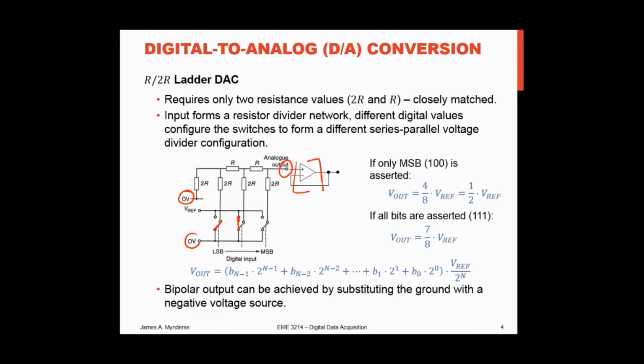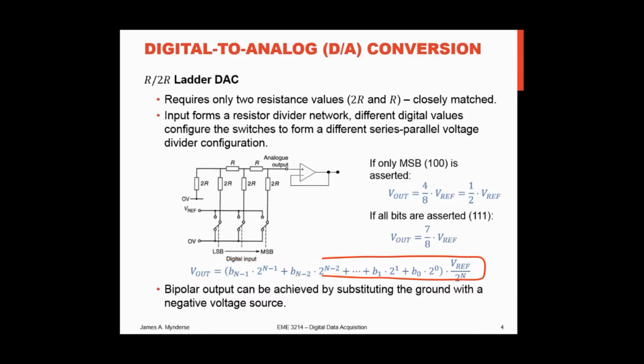And here the op amp really just serves as a voltage follower so that you're not loading the circuit here. You want high input impedance so you don't affect the resistor divider, and it gives you a low output impedance to make it easy to send the signal wherever it needs to go. And you get basically the same equation that we had before.